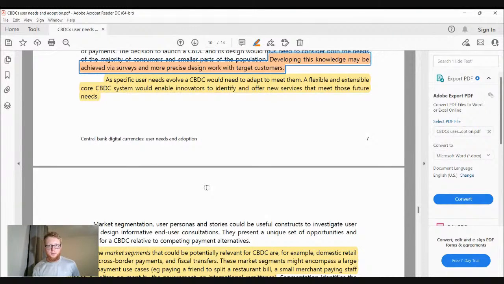That's one of the main talking points for having a central bank digital currency, especially from a United States perspective.